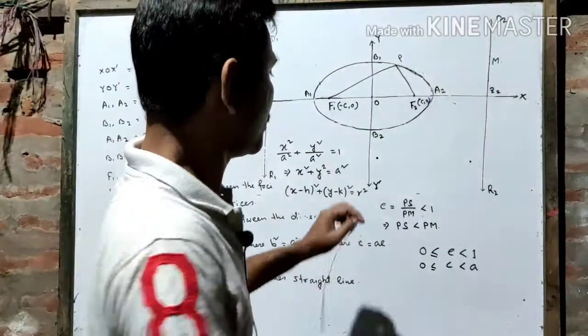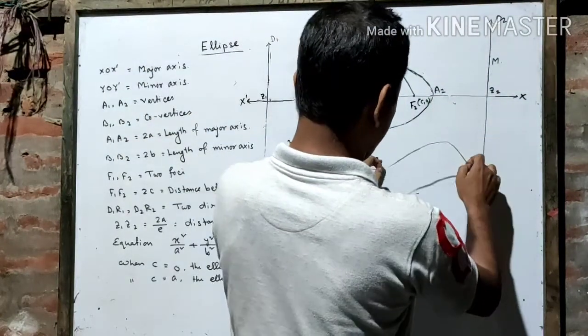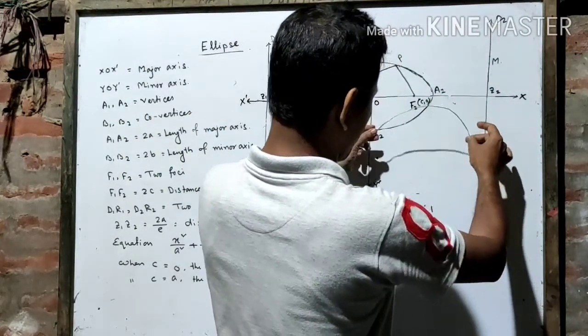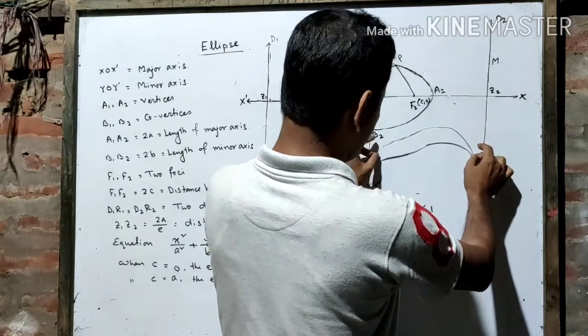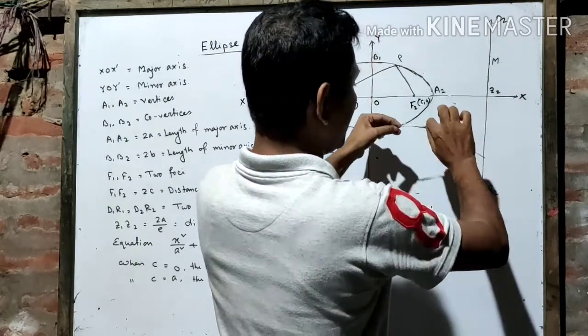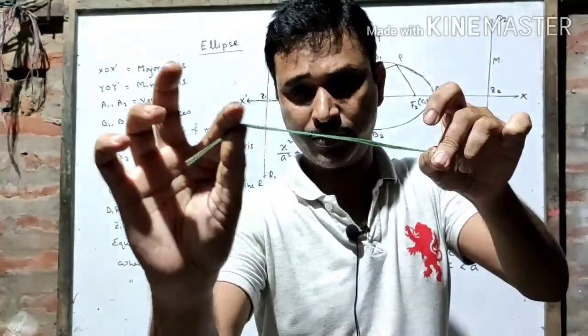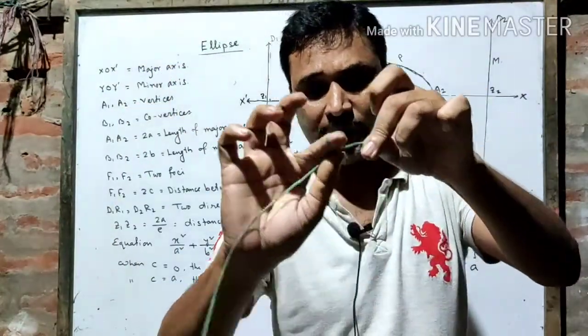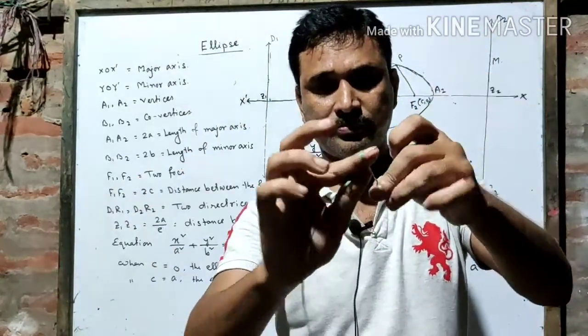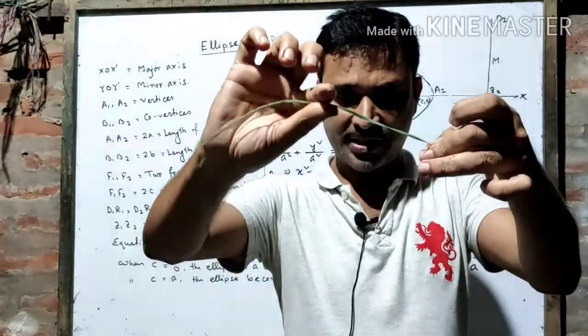You fix two nails, and then fix the two ends of the thread to the nails. Then you fasten a pencil here, just like this, so that the pencil can move.